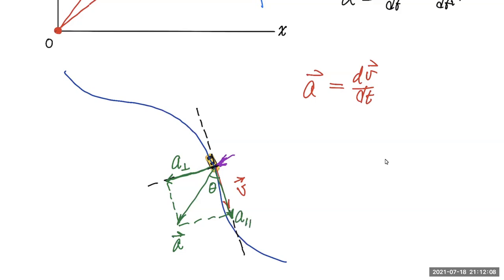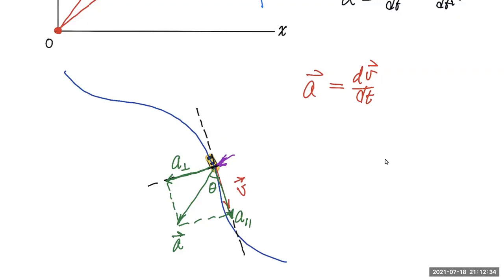Now, what is the physical meaning of each component? Well, A parallel is quite clear. This is the component of A that's along the direction of motion. The way I draw it, because theta is less than 90 degrees, A parallel, the component of A along the line of the velocity, is in the same direction as the velocity, not anti-parallel, not backwards, but forward.